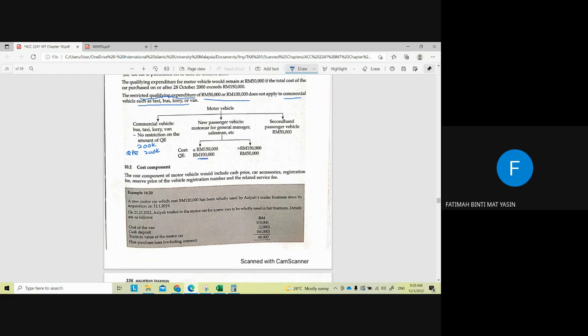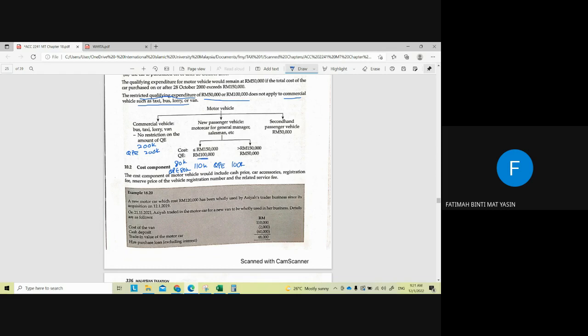So if the company purchased a car worth 110,000, which is still less than 150,000, the QPE for this car is 100,000. Even though the company paid 110,000, the QPE is only 100,000. Another example, if the car is worth 80,000, the QPE is 80,000, not 100,000, because you must choose whichever is lower.